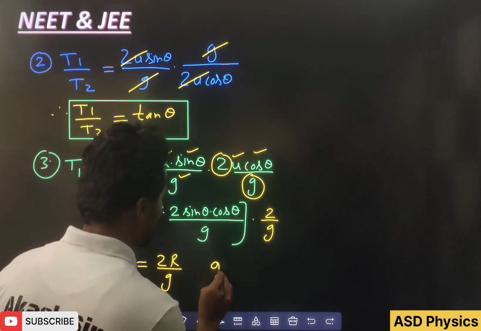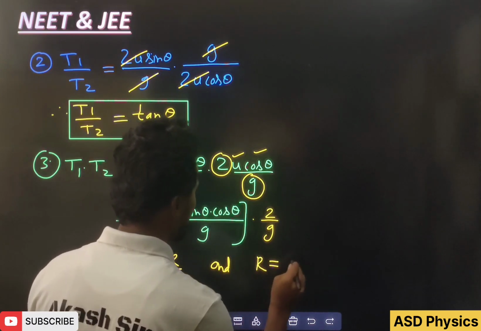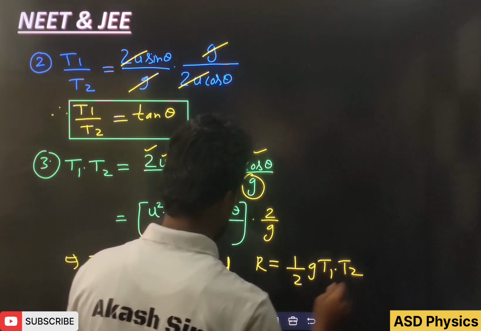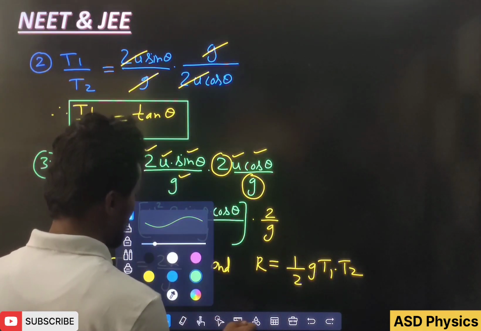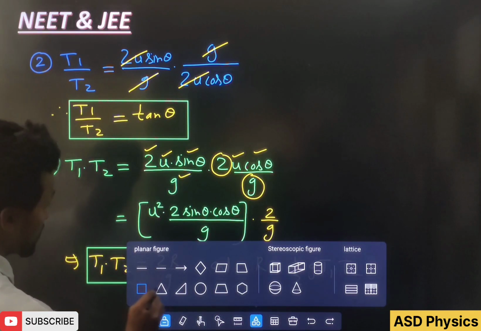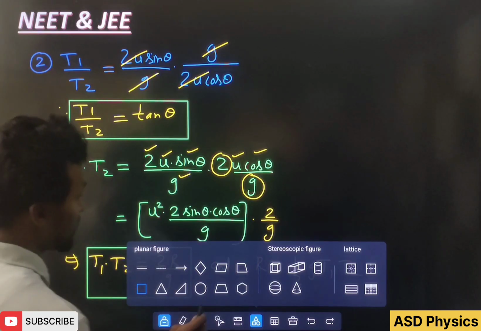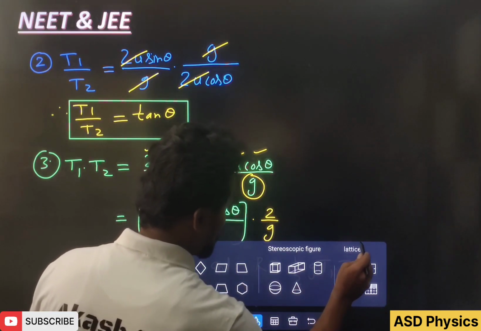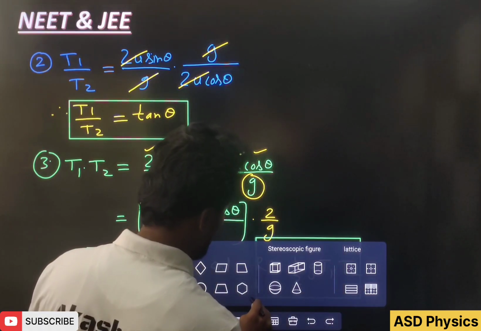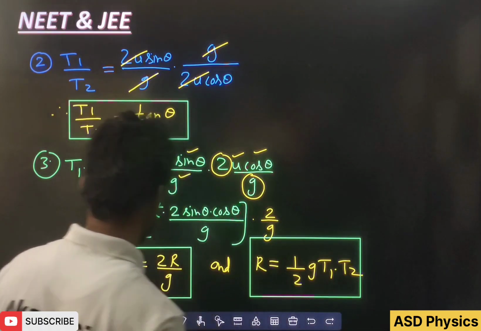And one more formula will come here: R equal to half g T1 T2. Both these formulas are very important. Let me put them into the box. This is one important formula, and let me write the second formula also in a box. Kindly see here.